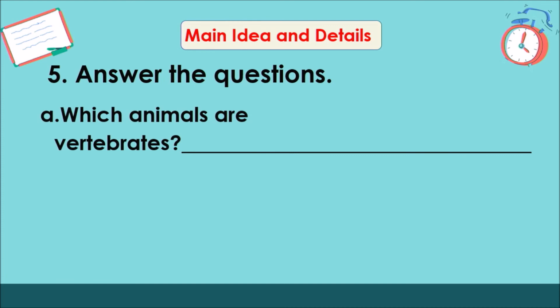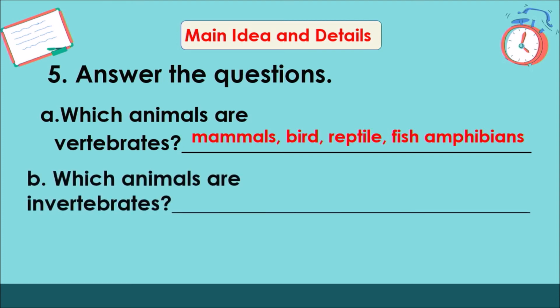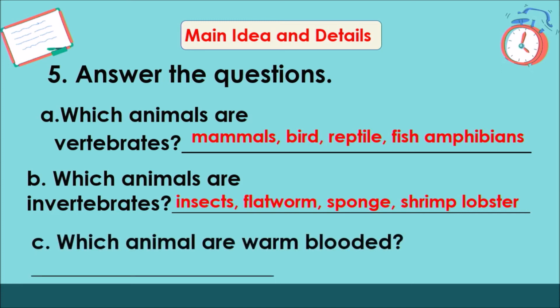A. Which animals are vertebrates? These are mammals, bird, reptile, fish, and amphibians. Letter B. Which animals are invertebrates? These are insects, flatworm, sponge, shrimp, and lobster. And letter C. Which animals are warm-blooded? We have mammals and birds.